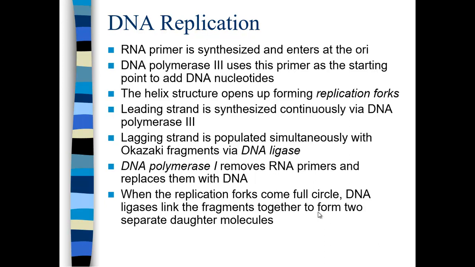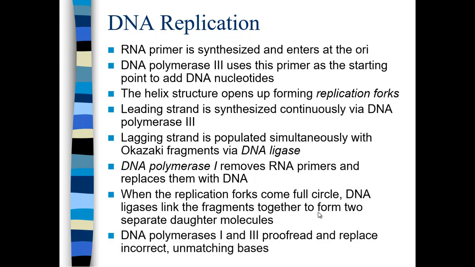So this whole concept of circular DNA components acting together for leading strands and lagging strands is reserved for prokaryotic cells. DNA polymerase III and I also proofread and replace incorrect, unmatching bases. If there was not proofreading, there would be an error every 1,000 nucleotides, and so those errors do have to be proofread out.